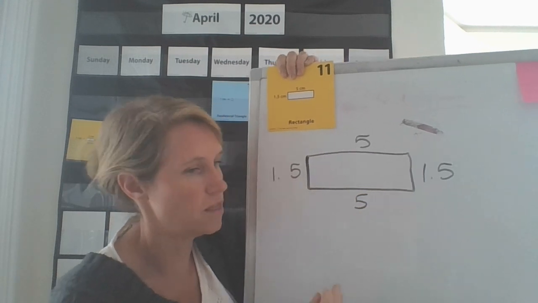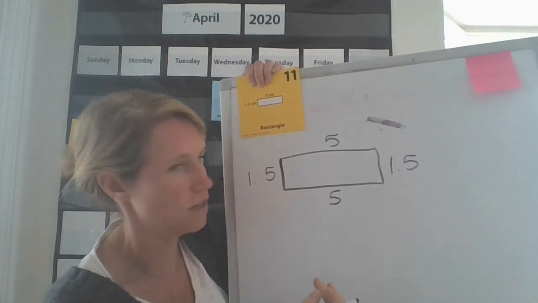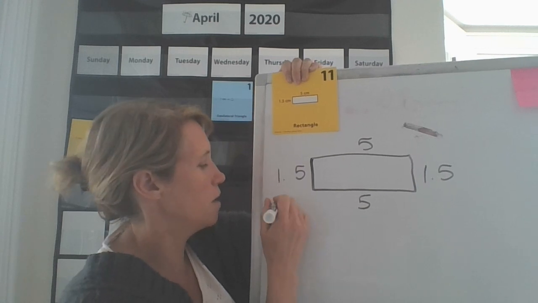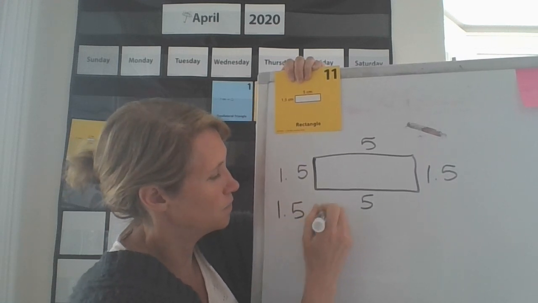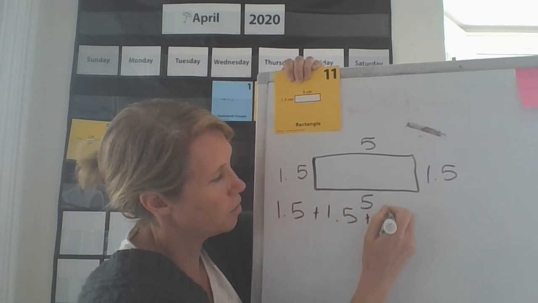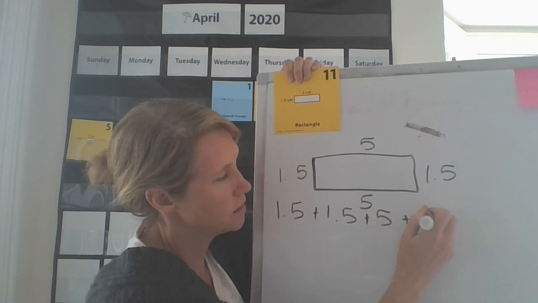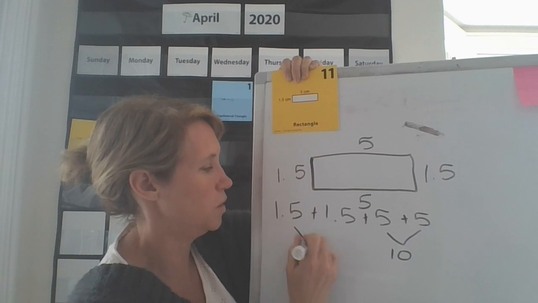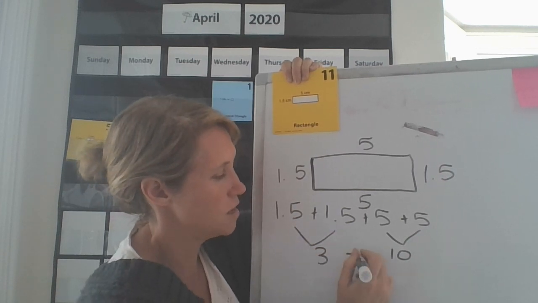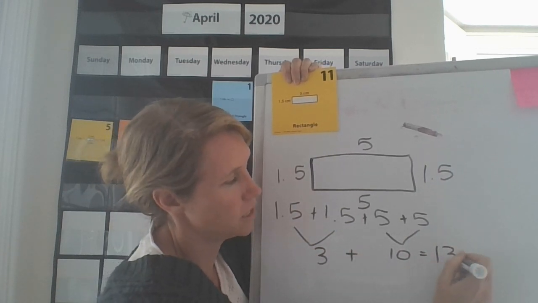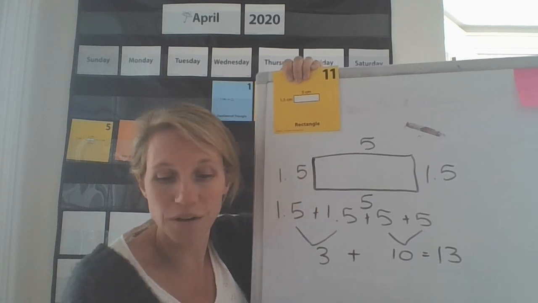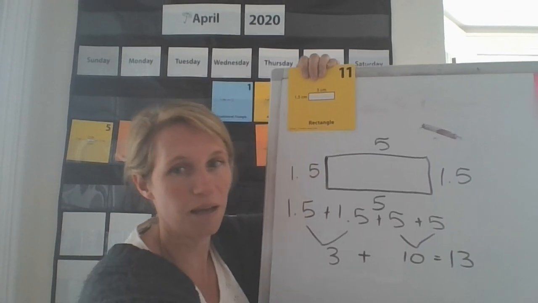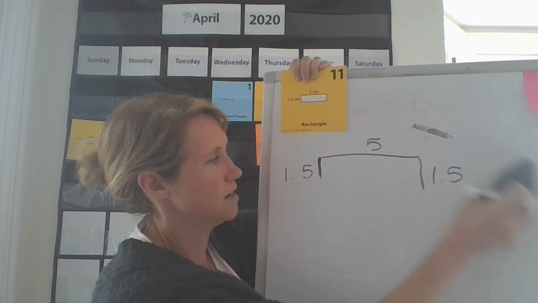So to solve and find the perimeter, I can do a bunch of different things. I could add up all my sides, right? I get 10, and 1.5 and 1.5 are 3. 3 plus 10 equals 13. I could also have made a multiplication equation, right?